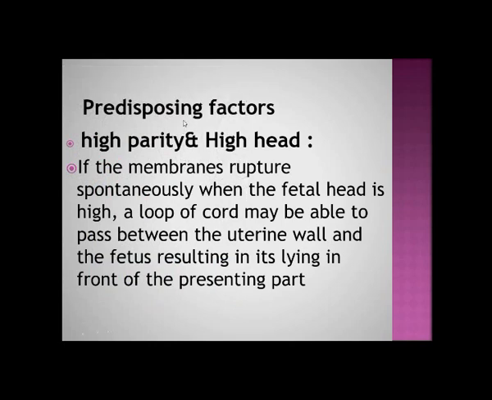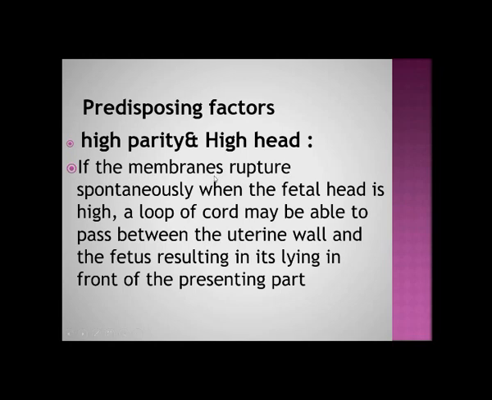Okay, we can see the predisposing factors. First is high parity and high head. High parity means the membrane may rupture spontaneously. When the fetal head is high, a loop of cord may be able to pass between the uterine wall and the fetus, resulting in its lying in front of the presenting part. That means the head is not fixed.